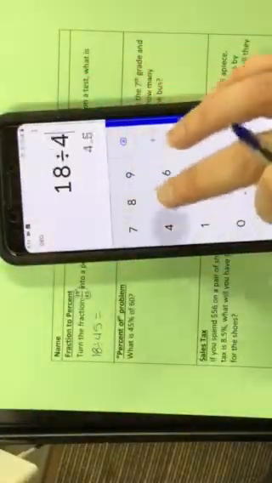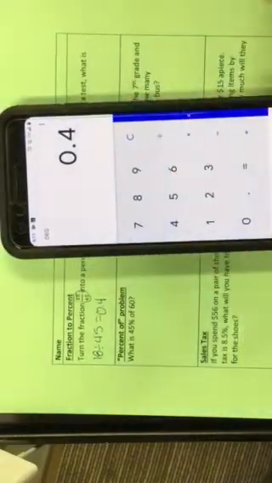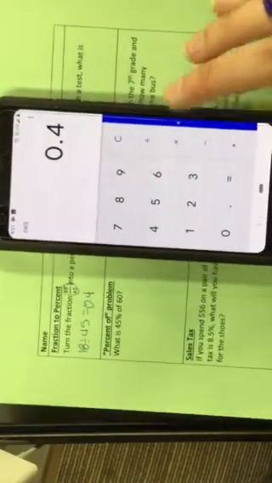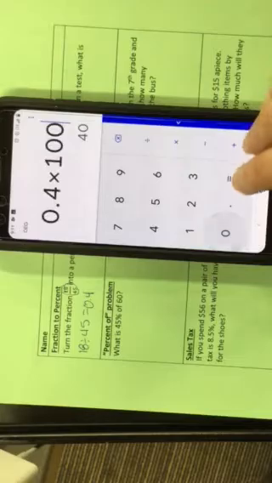So in our calculators, we're going to type 18 divided by 45, which gives us 0.4. And then we need to turn that decimal into a percent. So we're going to multiply by 100. We could also move the decimal 2 places to the right. Either way, we're going to come up with 40%.